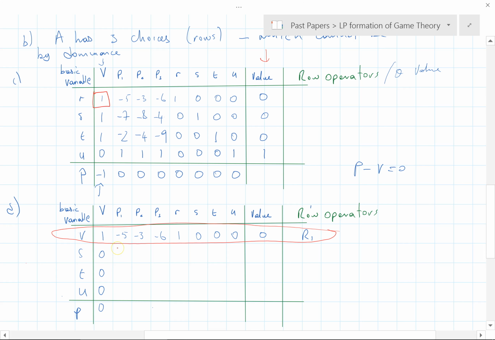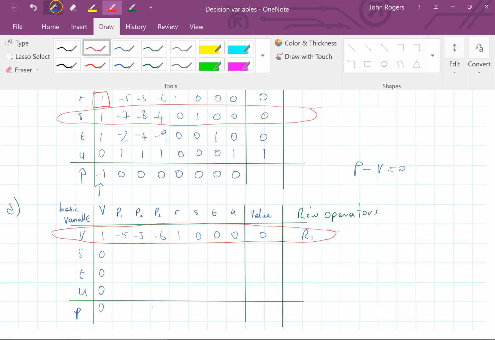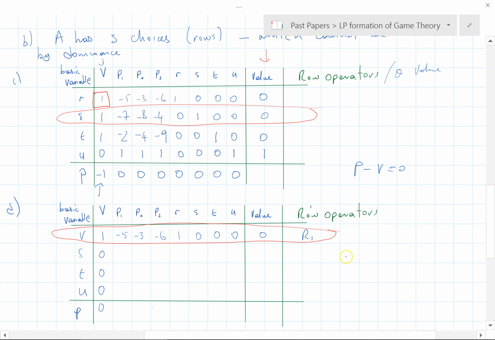So let's consider row 2 first, the old row 2, right? We want to change this 1 to a 0 by means of this pivot row here. So that's basically just R2 take away R1.